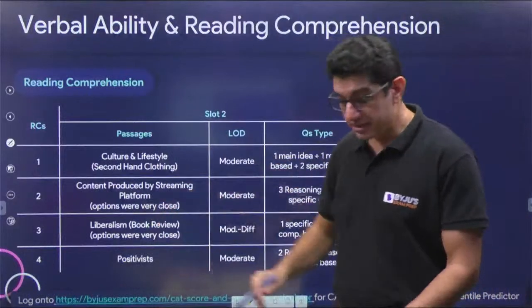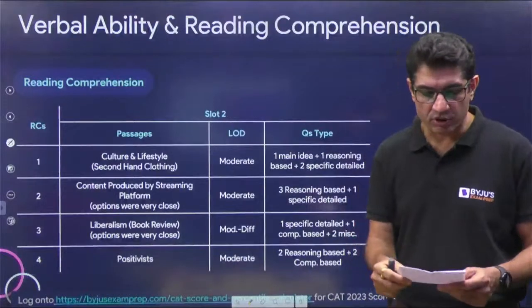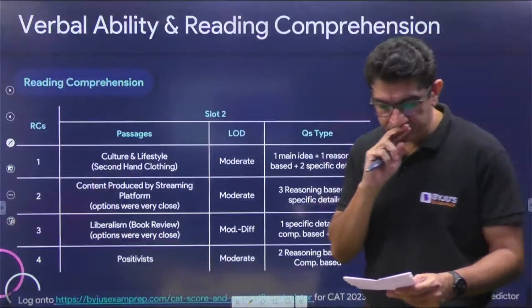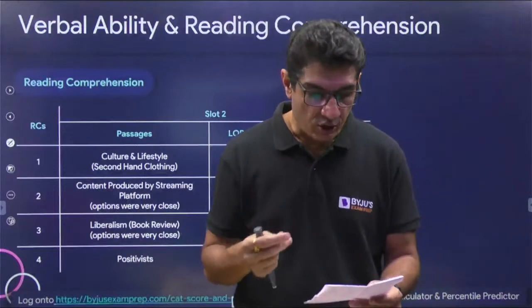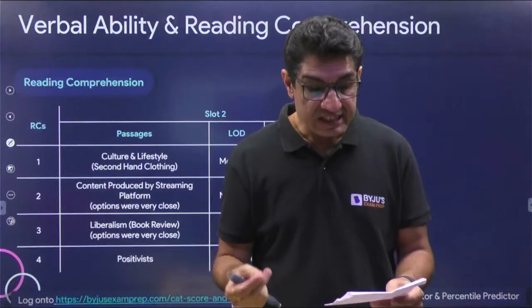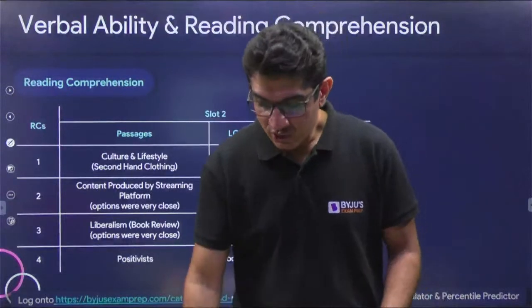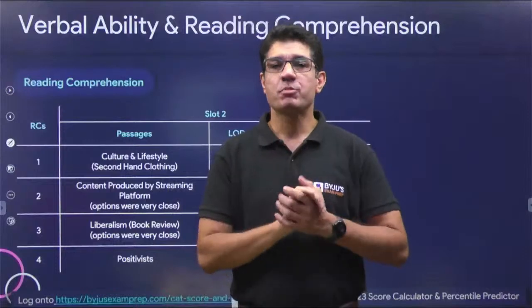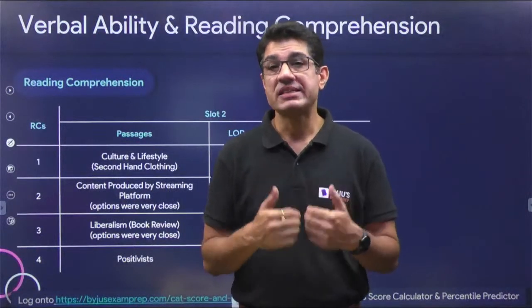Then content produced by streaming platforms, that Netflix thing that we talked about. Now, one of the questions in this passage asked us, the author sees the rise of Netflix in Europe as what? So, until the last paragraph of the passage, the author talked about the disadvantages.